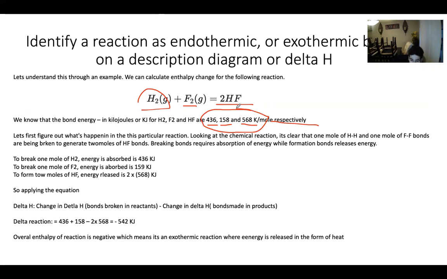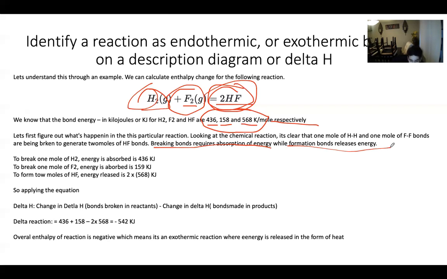We see that right here, 2 moles. And we said earlier, breaking bonds requires absorption of energy, and when we form them, we release. When we break, we absorb. When we form, we release.